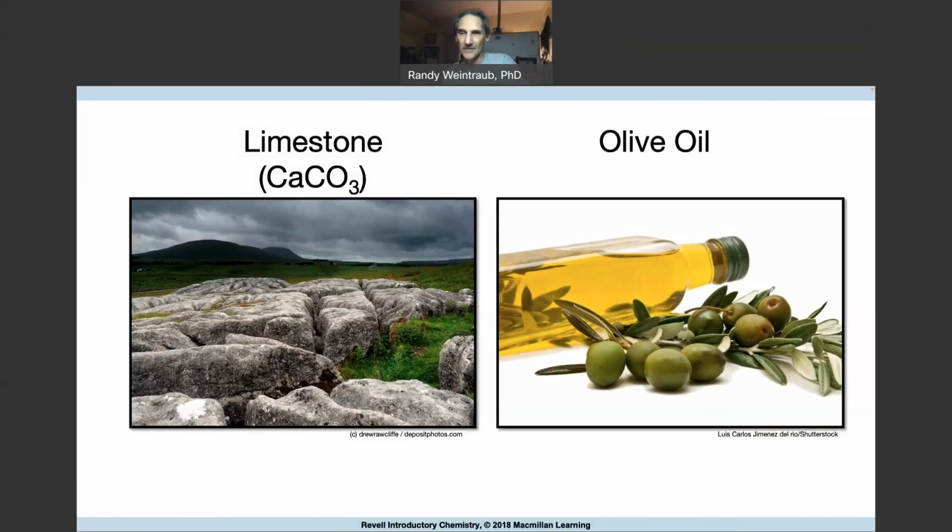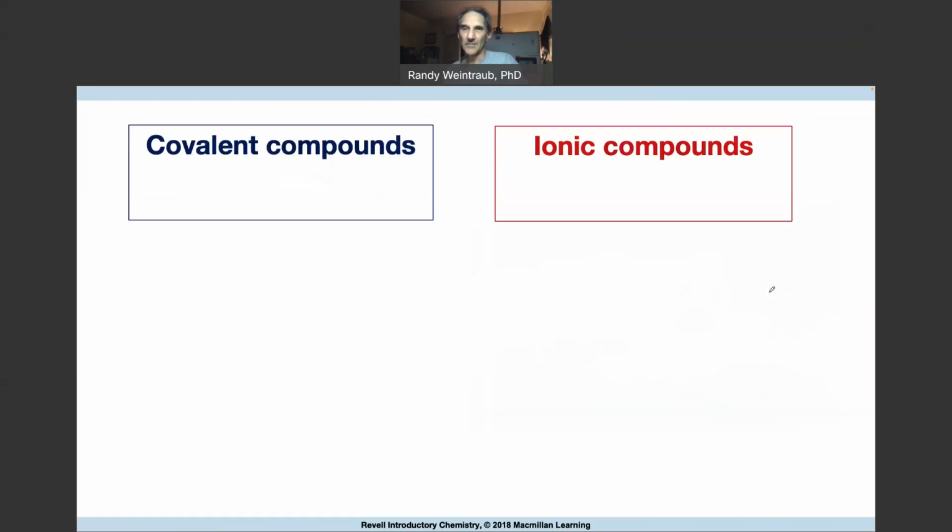Properties of any compound, from hard solids like limestone to liquids like olive oil, arise from the elements and the connectivity of those atoms.